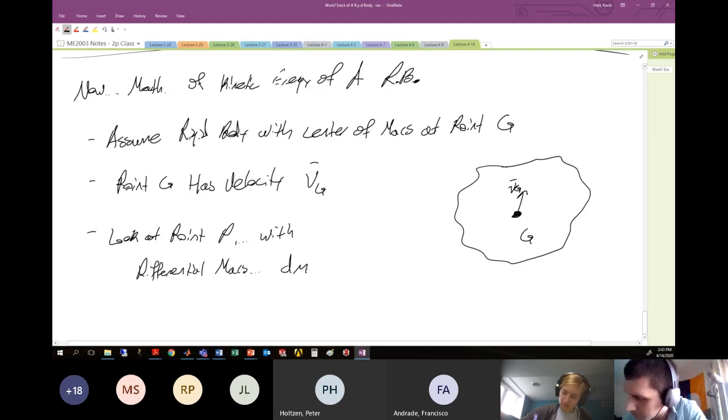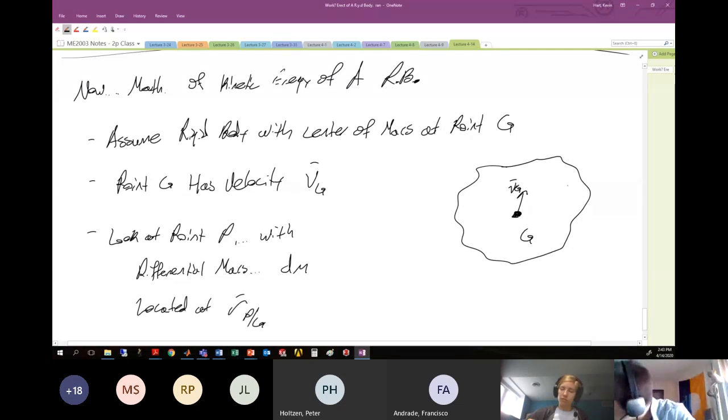And it'll be located at, obviously, a position vector which locates P from G. All right, so out here, let's call this point P, and it's located at location R, locating P from G. And let's say that this has mass, which is dm. So some very small minor differential mass.